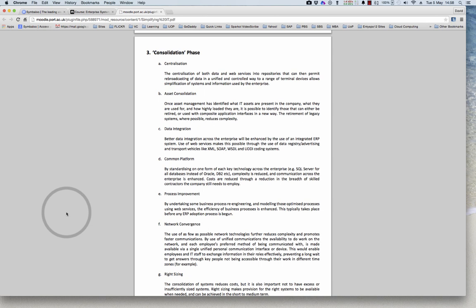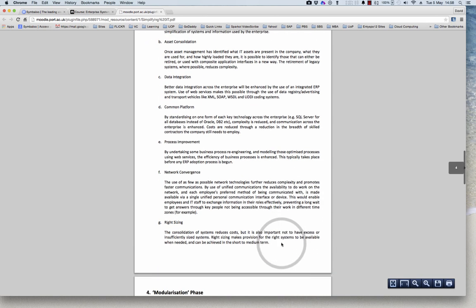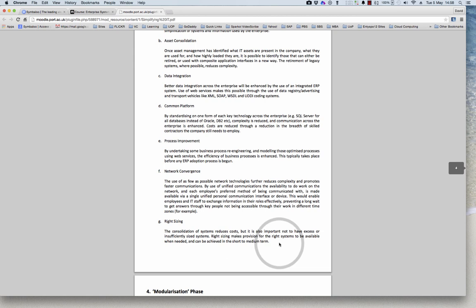Either you can buy in a bespoke solution or a commercially off-the-shelf solution that will give you process improvements. You could also work with consultants, and we've done that to death really in the courseworks.